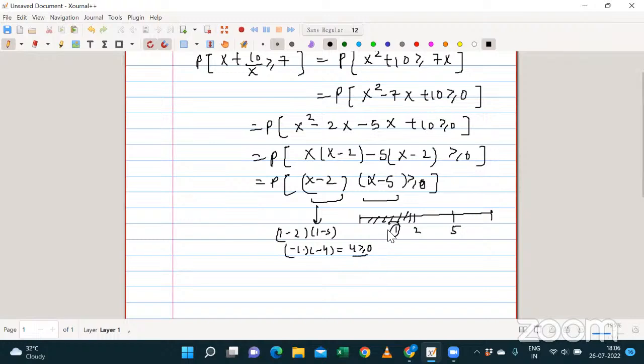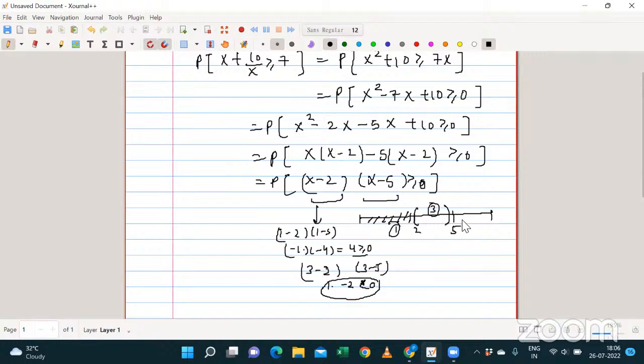Now if you put 2, then again it will give you equal to 0. Now, if you put any value between 2 to 5, let's put 3. So what you will get? 3 minus 2, 3 minus 5, it will give you 1 into minus 2, which is less than 0, right?